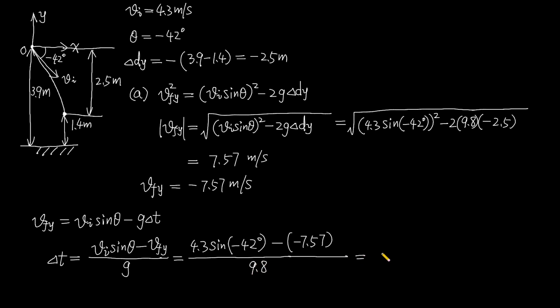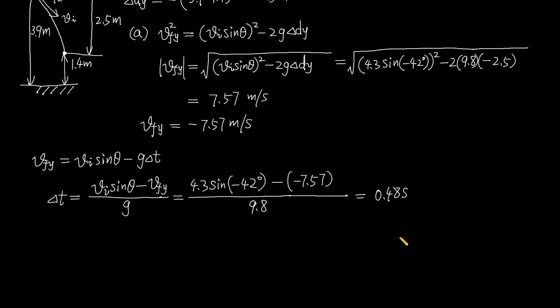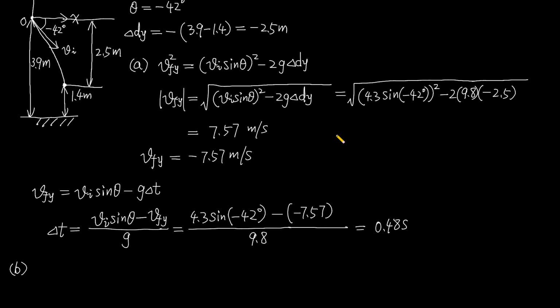This equals 0.48 seconds. So the time interval is 0.48 seconds. Now for question B, it asks for your horizontal distance from the window. So it asks for the horizontal displacement of the ball.